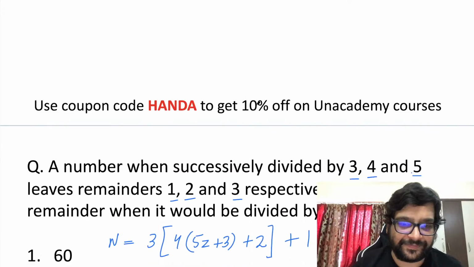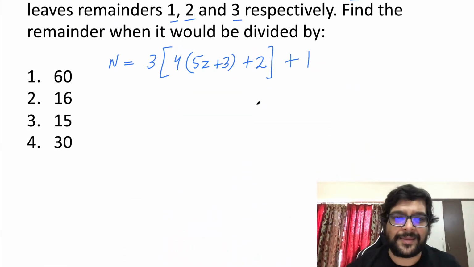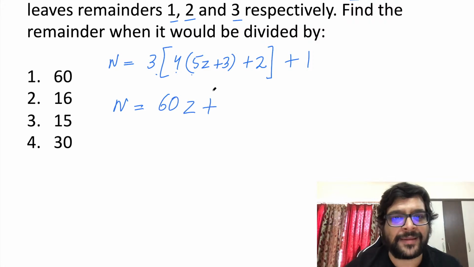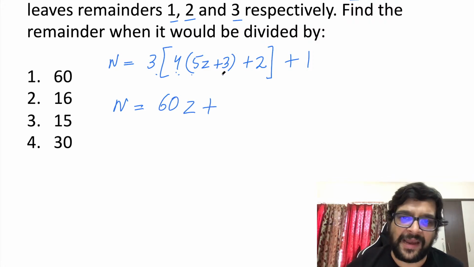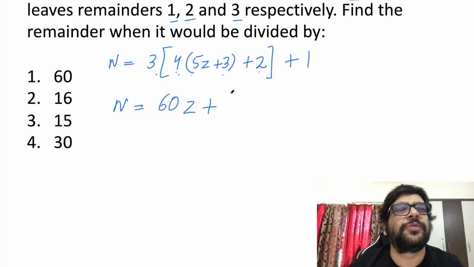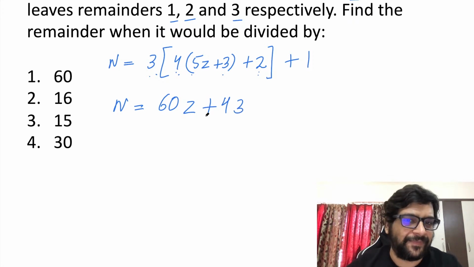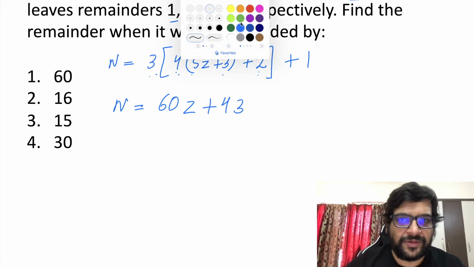Generic format, in this case, is n equal to 3 into 4 into 5, that is 60z plus 4 into 3 is 12, 12 plus 2 is 14, 14 into 3 is 42, and 43. This is what I got. Now, questions.